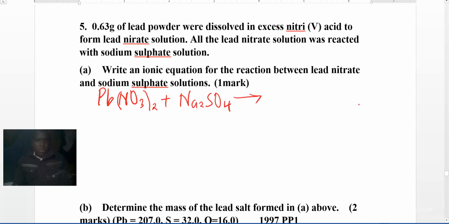They will interchange the anions. Both of them are aqueous. They interchange the anions, forming an insoluble salt, which is lead sulphate, plus sodium nitrate.